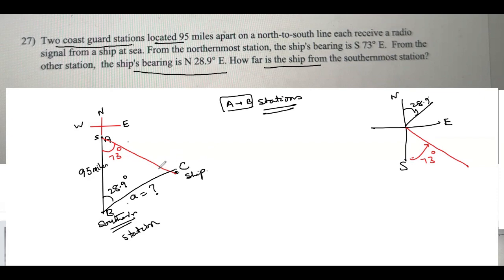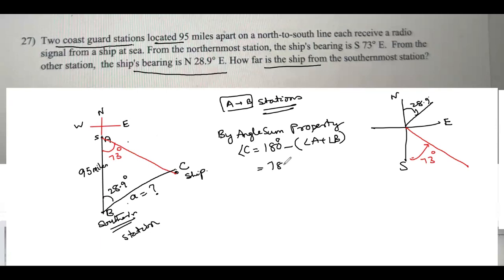Let us find angle C by the angle sum property. Angle C is equal to 180 degrees minus of angle A plus angle B. Use the calculator and find this.